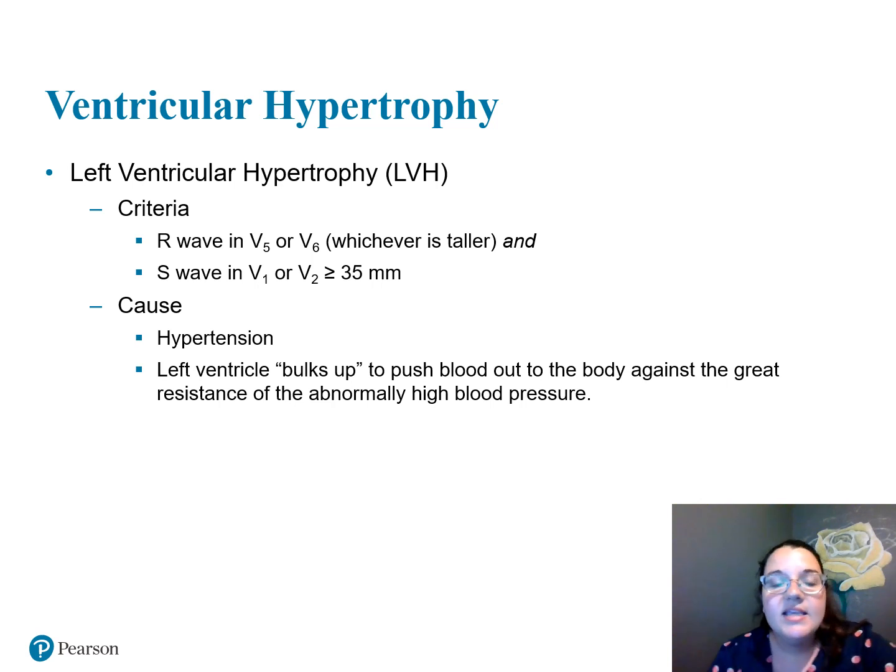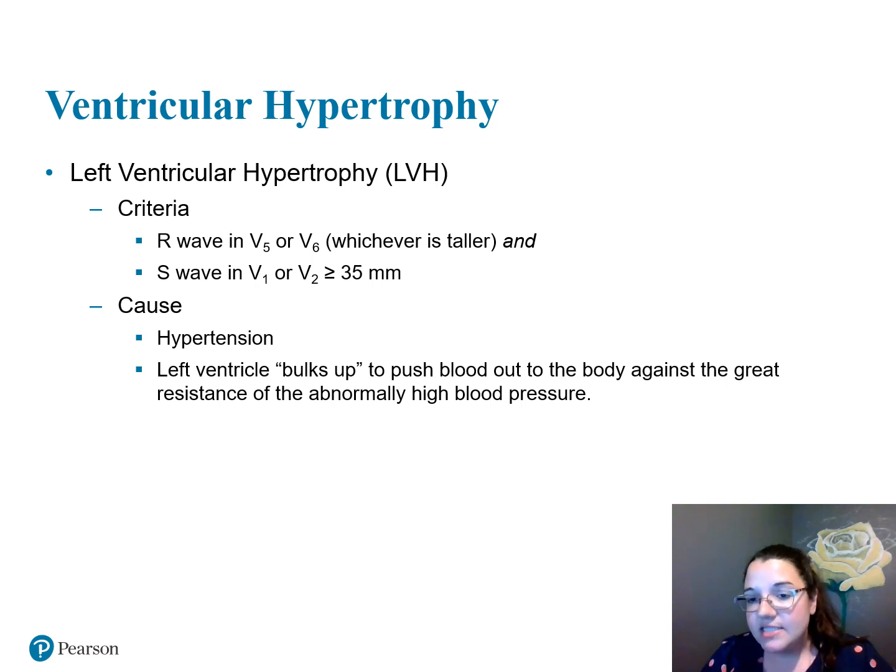All right. So if we talked about the right side and we know my T wave is going to be inverted and my QRS is going to be tall, what about my left side? And we know we need to look at V1. For left ventricular hypertrophy, the criteria is going to be an R wave in V5 or V6, whichever is taller, and an S wave in V1 or V2, that is greater than or equal to 35.